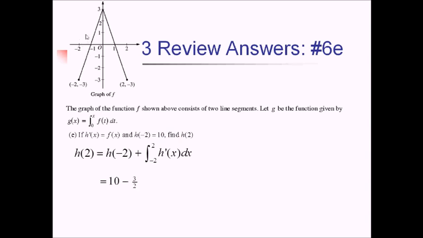So that's -3/2. Next, we've got this triangle up here. We have 1/2 times a base of 2 times a height of 3. So that's going to end up being 3 when all is said and done. And then we have this other negative triangle, which has the same area as the first negative triangle. All right, well, adding it all together, we've got +3. These two negatives become a -3, so all of this actually ends up canceling out, and you just end up with 10 when all is said and done.